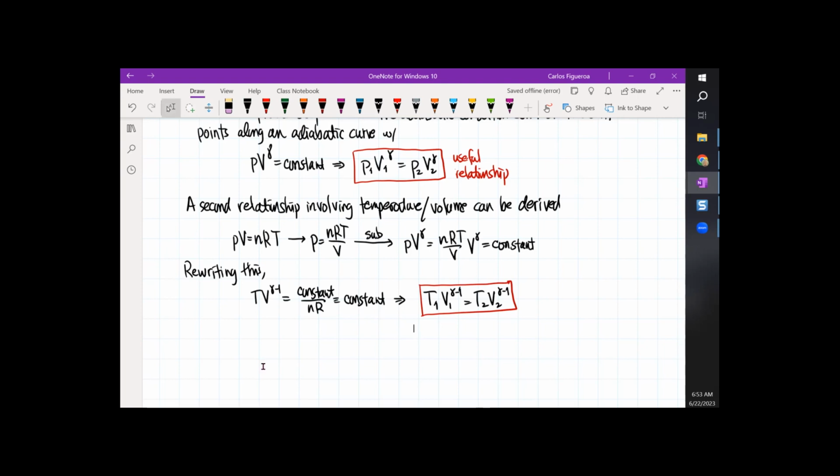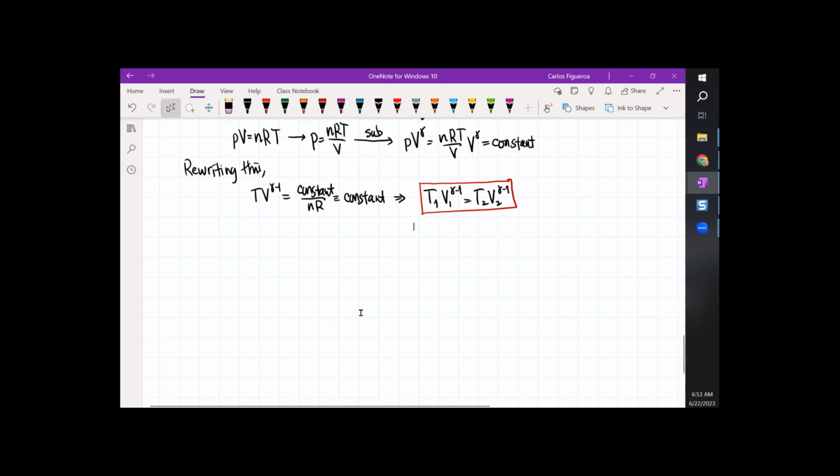So now I can do the adiabatic work. Here's what we know. All we really care about is, what is adiabatic work?